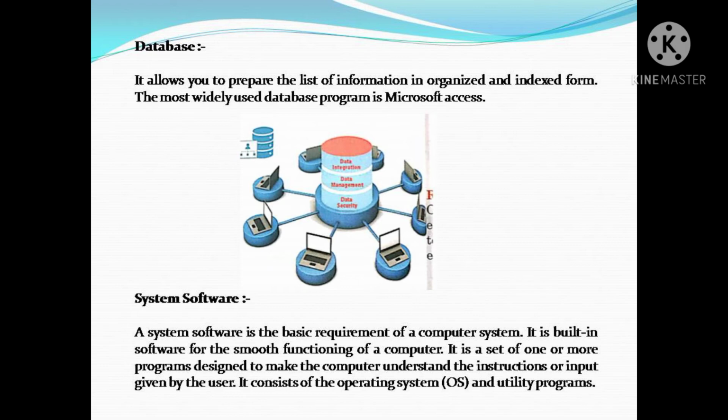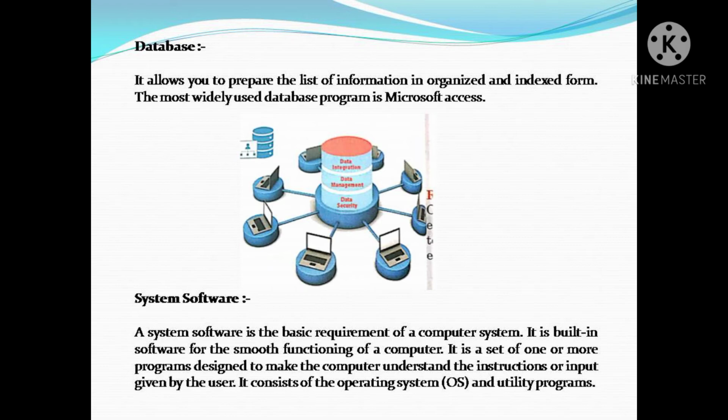What do you mean by a system software? Every time I tell you, the computer does not understand any language, right? It does not understand any language like English, Hindi, Marathi. There is something in a computer which translates our language into machine language and machine language back to our language. So what is that? That is system software.